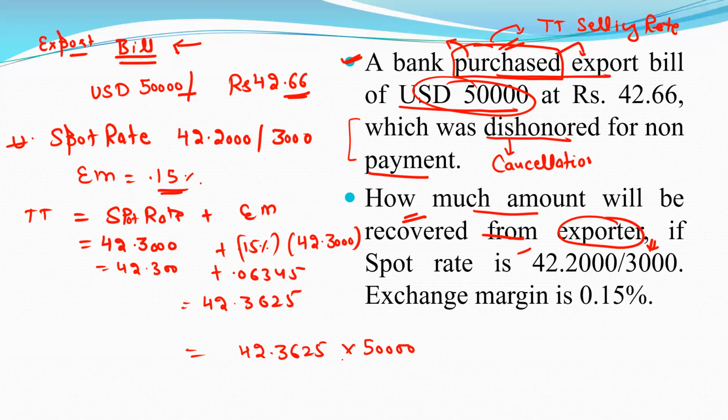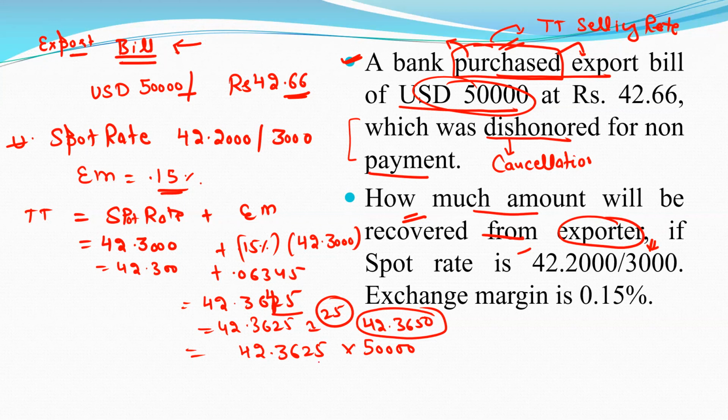We have to round it with respect to 0.25, as we have already discussed. Either you round off to 42.3625 or to 42.3650. But it is better to round off to 42.3650.